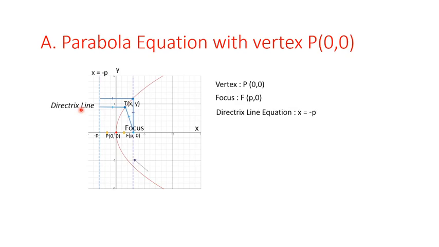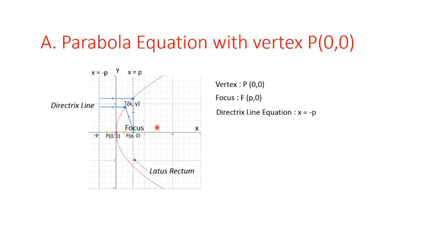Then, what about the line here? The line here is called the Latus Rectum. Since it passes through p, 0, the line will have the equation x equals p.